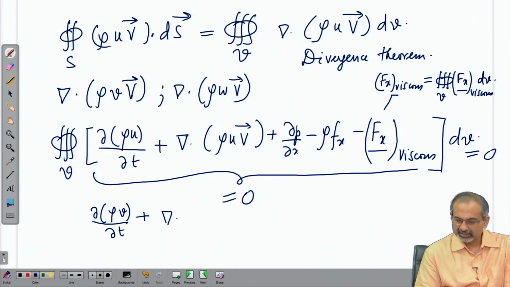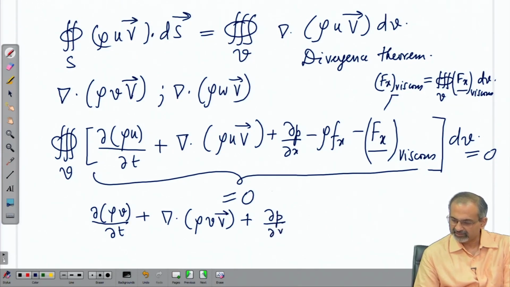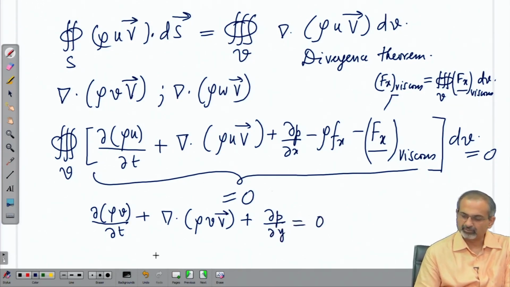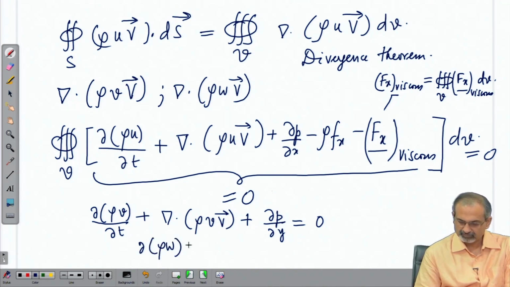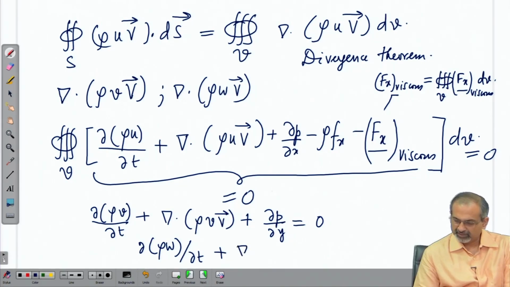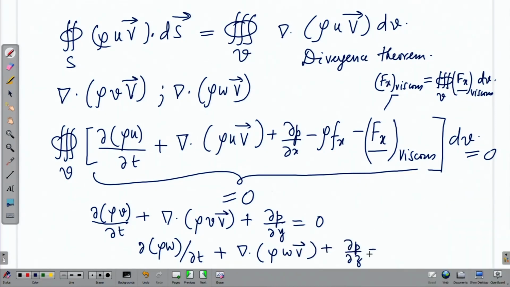I am just writing it in a more simplified manner by considering only the pressure gradient term and neglecting the body force term. So, you have the time dependent term, then the divergence term and the pressure gradient term only in the momentum equations because of the simplification I mentioned.